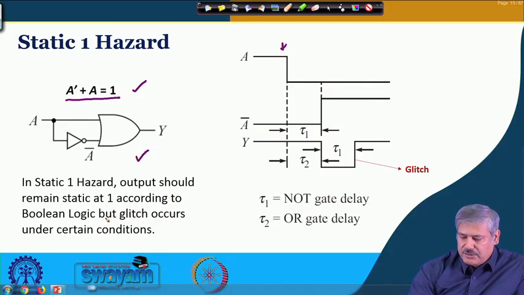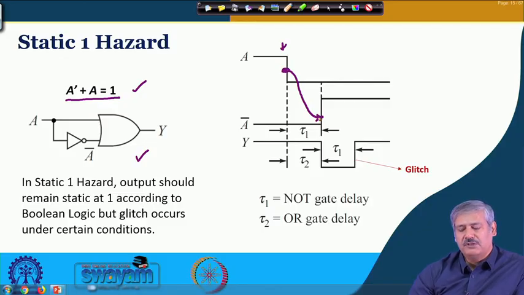From this point to this point there is a delay, and momentarily at this point of time, this and this are both low. Because of which the OR gate output, after its own propagation delay, high to low, given by tau 2 over here, will go to low because both of them are low at this point.